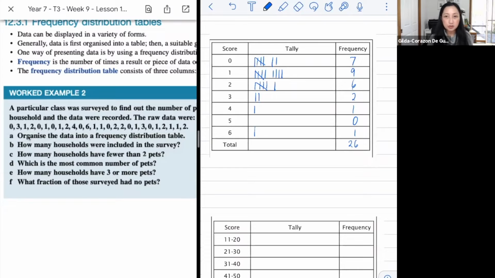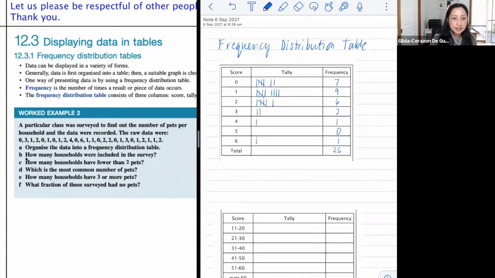So you would want to cross-check the raw data with the table that you have. It says here, how many households were included in the survey? If you were just looking at the raw data, you wouldn't be able to immediately tell. But from a frequency distribution table, you can say that there are 26 of them.